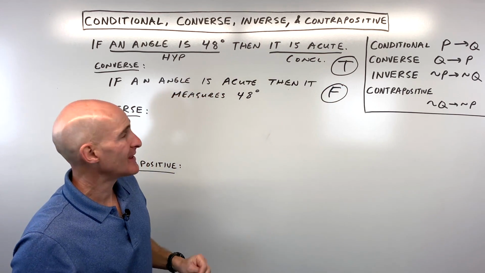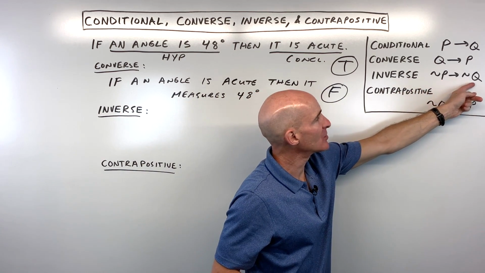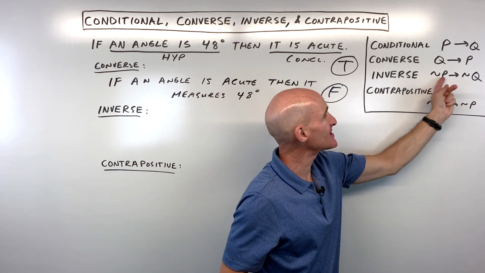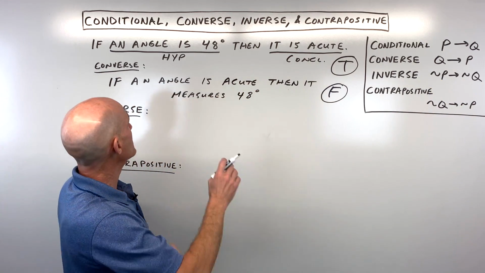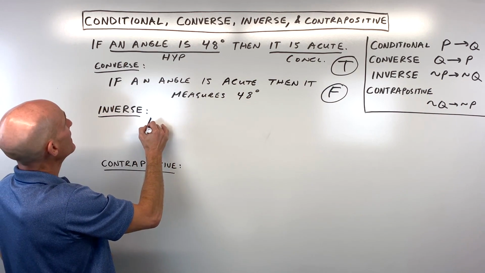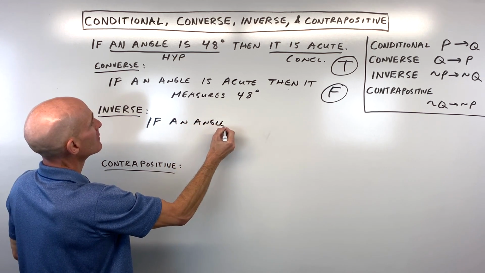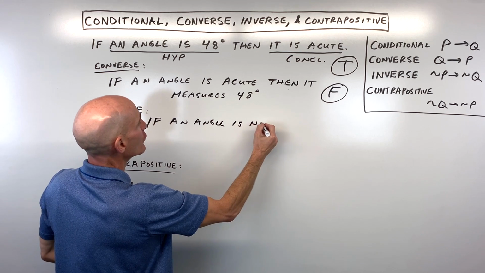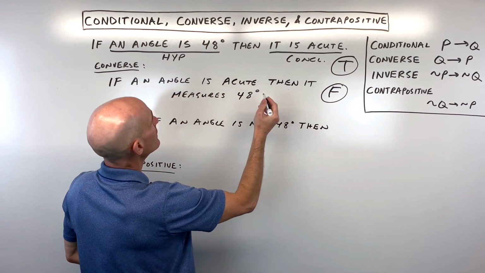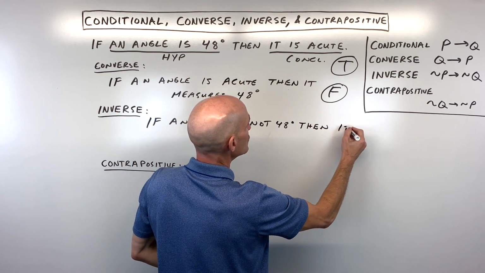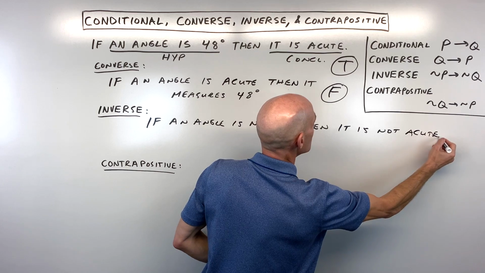And so let's go now to the inverse. The inverse, remember, is where you keep the hypothesis and the conclusion in the same order, but you're negating both of them. So you're saying if not P, then not Q. And how would that read? It would say if an angle is not 48 degrees, then it is not acute.